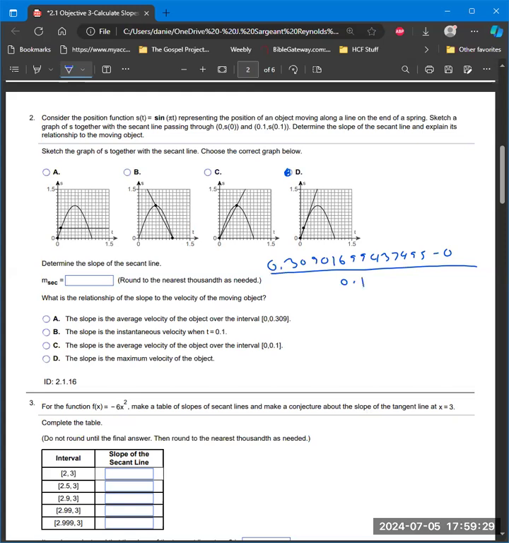So we're going to round that to the nearest thousandth. That's going to be 3.090. And this is the slope of the average, is the average velocity of the object over the interval 0 to 0.1. That's C.